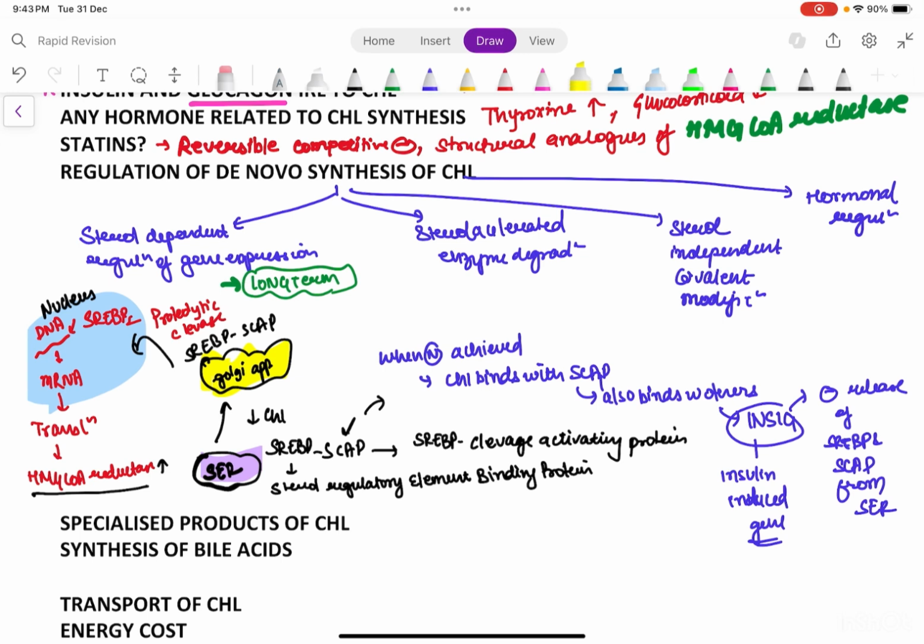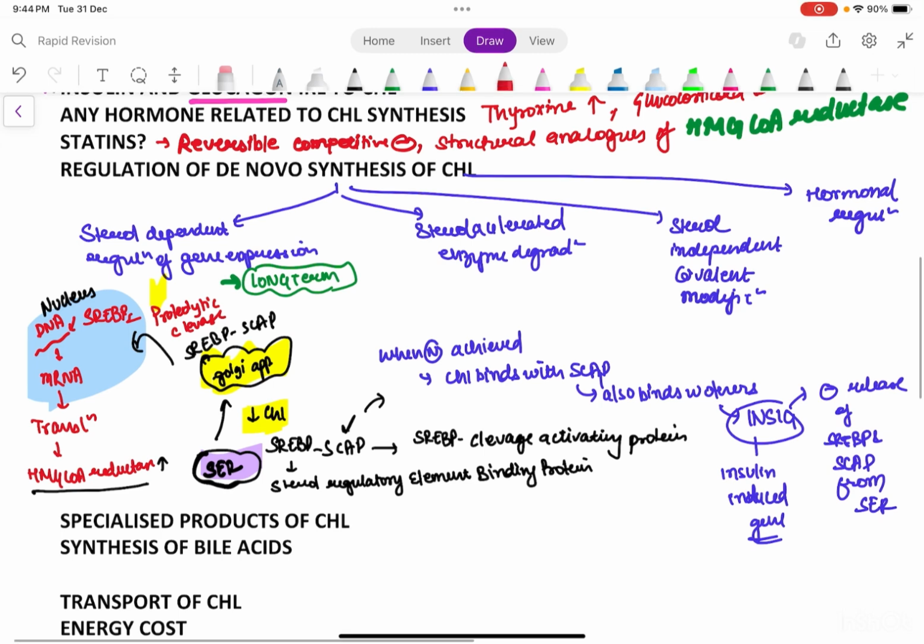When there is a decrease in cholesterol, it is moved to the Golgi apparatus, and there it undergoes proteolytic cleavage. Due to this, SREBP and SCAP are cleaved, broken. SREBP will go into the nucleus, cause transcription, then translation, and increase HMG CoA reductase, which will further increase cholesterol synthesis. So this is sterol dependent regulation of gene expression.